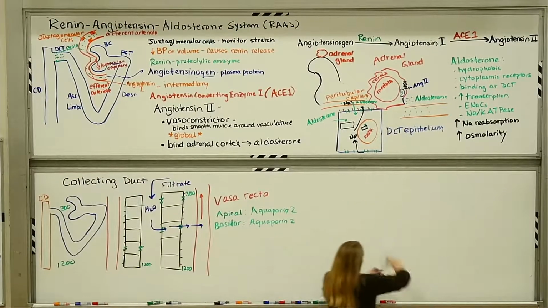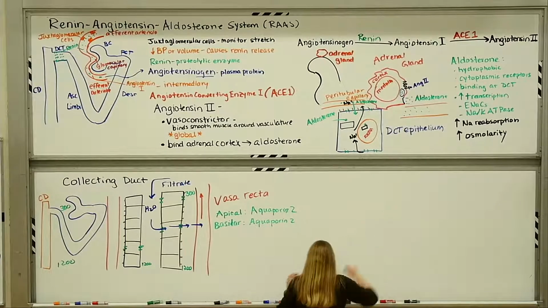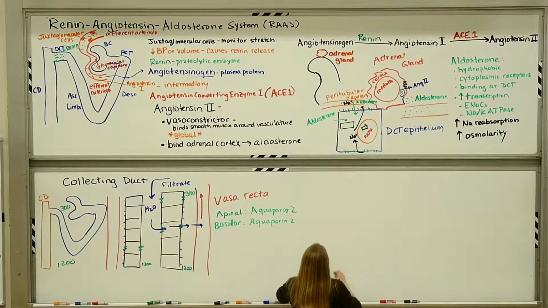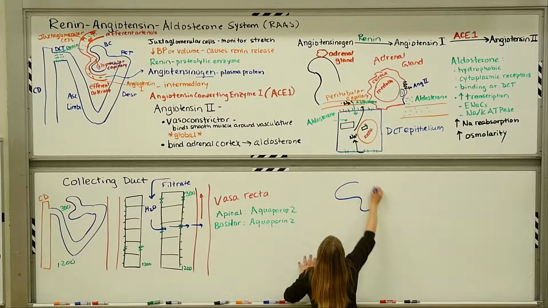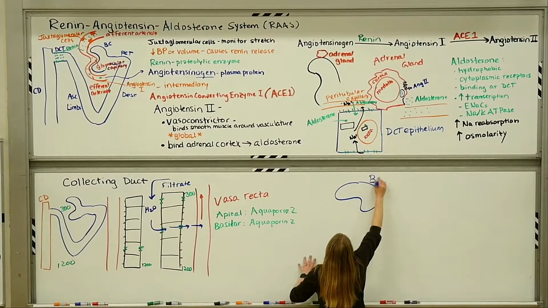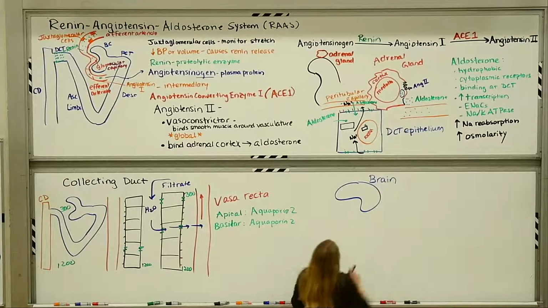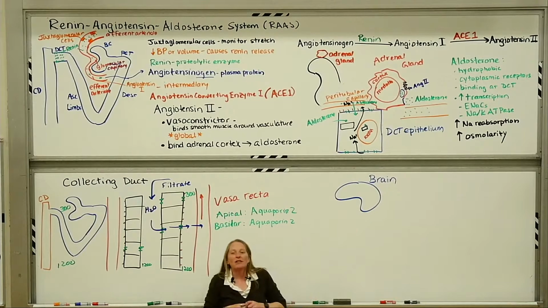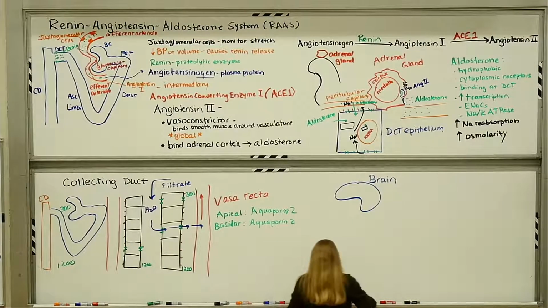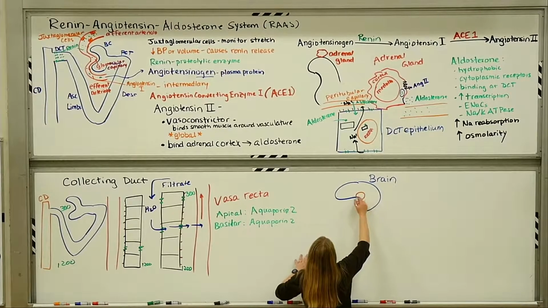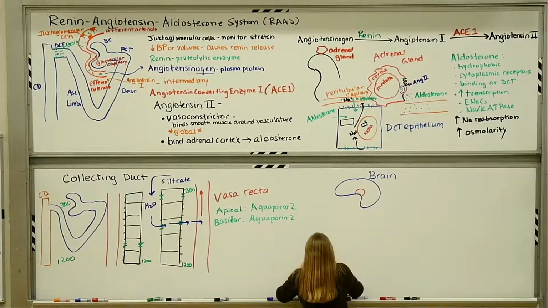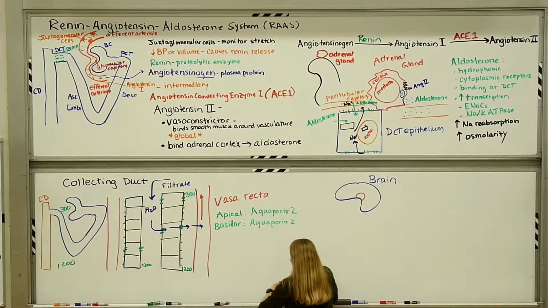Okay, so there was aldosterone. It created higher levels of osmolarity. And now we've got our brain. And we have a hypothalamus. And that hypothalamus is in communication with the pituitary.